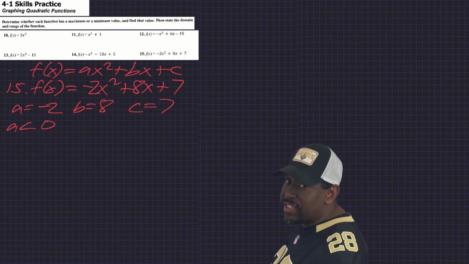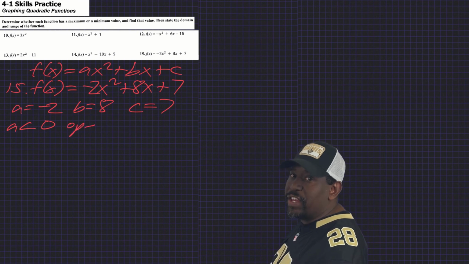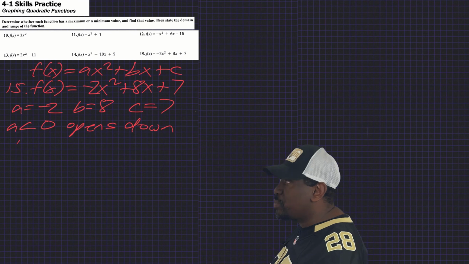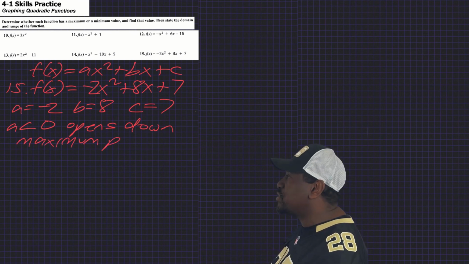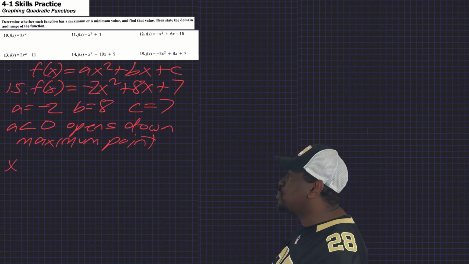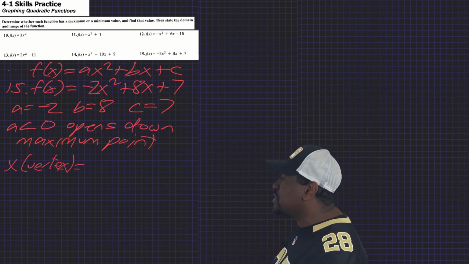Since we know a is less than 0, we know that we will have a maximum point because the parabola opens down, so it creates a maximum point at the vertex, as we state here on our little work board, so to speak.